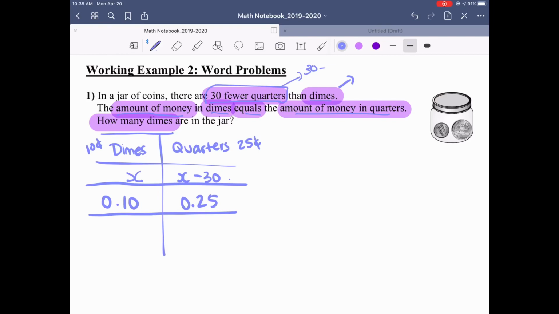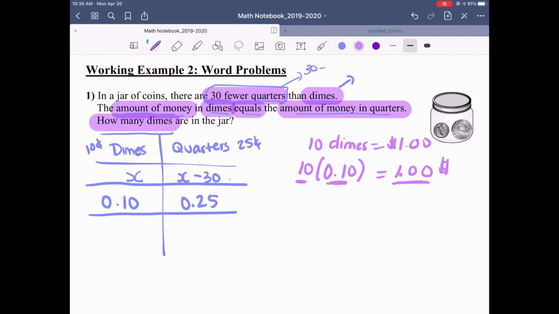So like I said before in the example, when I said that we have 10 dimes, that is equal to $1, how did we get that? Well, we took the number 10 of dimes and we multiplied it by 10 cents. And when you multiply them together, you should get 1, which is $1. So the amount of dimes times the value of the dime gives you the total amount in money. Okay?